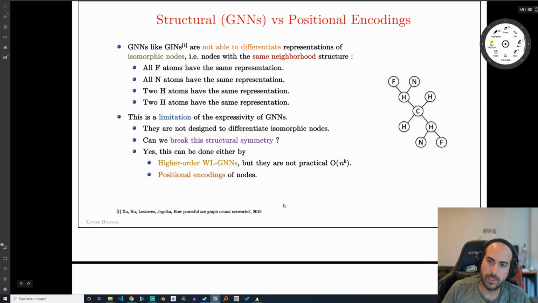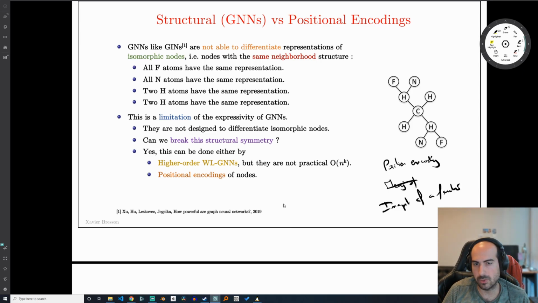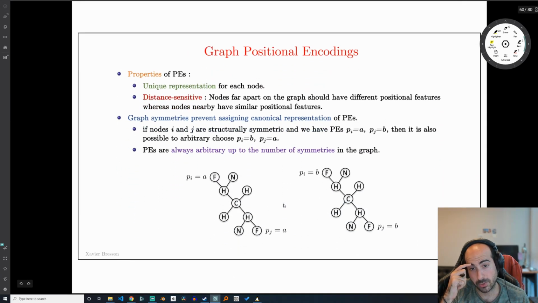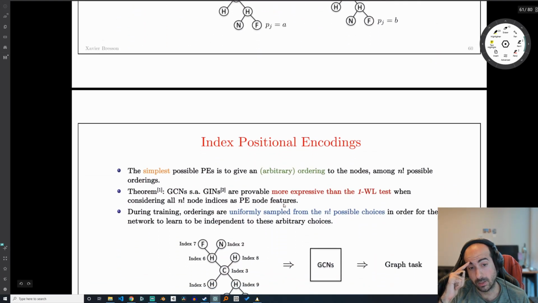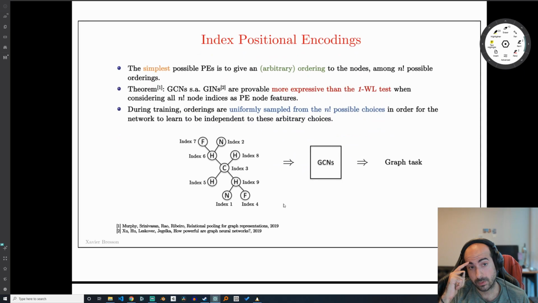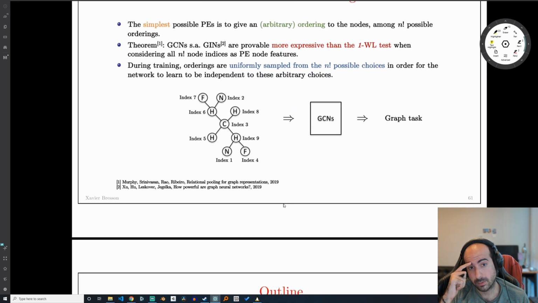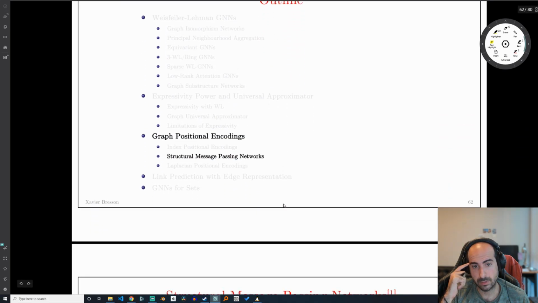Oh, I see. So we can also add positional encodings, like in BERT, because the impact of a feature also depends on its place in the node. So this is like combining ideas from transformers as well. Arbitrary orderings of the nodes.